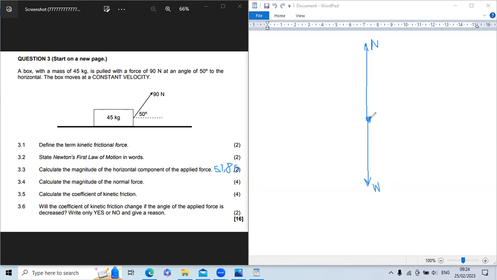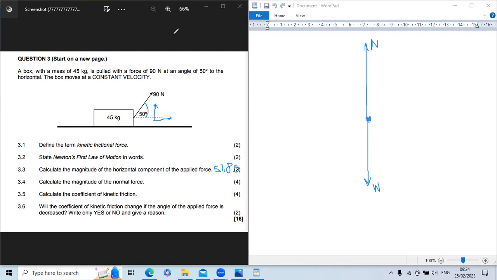But there's also another force here, because the force is applied at a particular angle. So it has a vertical component and a horizontal component.